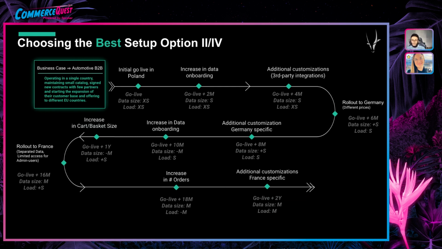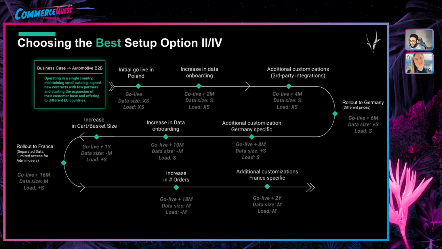They would go ahead and add additional customizations that are specific to France in the end. And they are also estimating an increase in orders. So in the end, the assumption at go live plus 2 years is data set size M, load M, and at go live the data size is XS, load XS.